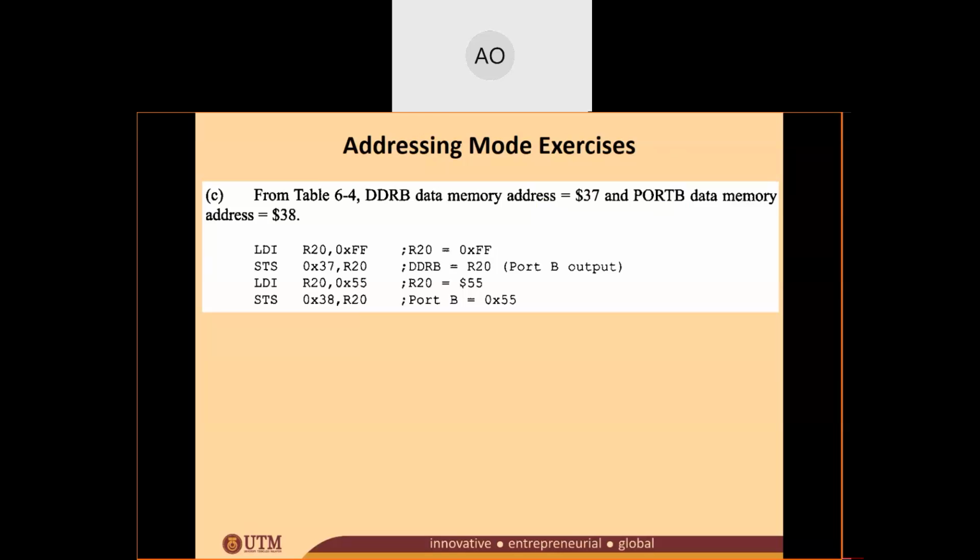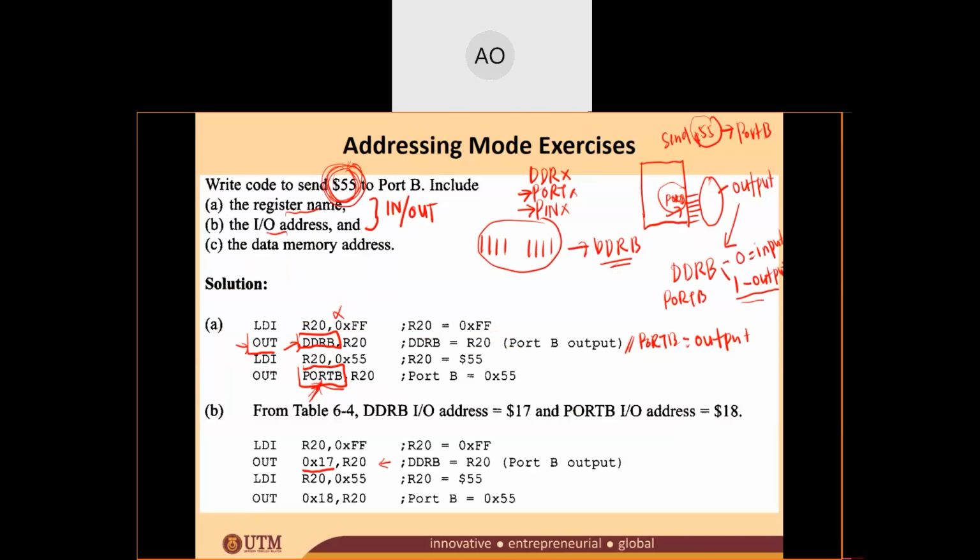So what you're going to do is load R20, 0xFF. Now we change from the out instruction; we're going to use the STS instruction. Every time you use the STS instruction, you need to refer to your data memory address. So what is your data memory address for DDRB? Refer back to this table.